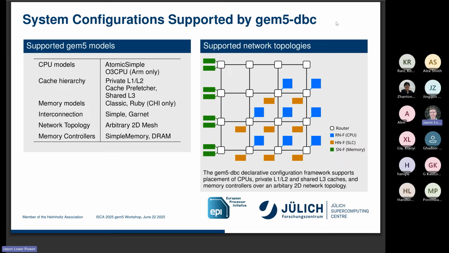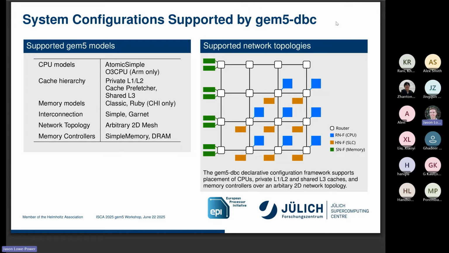The cache hierarchy is standard private L1 and L2 with hardware prefetchers and a shared L3. If you want to research some other cache hierarchy, you can write it yourself, but it's not out of the box. We support Classic and Ruby, CHI only, interconnection models simple and Garnet, arbitrary 2D mesh, and simple memory and DRAM memory controllers.